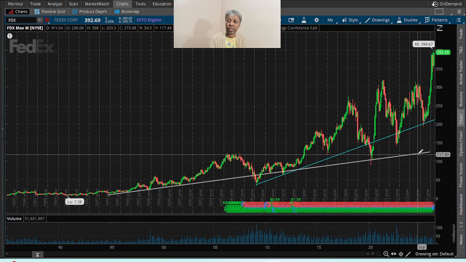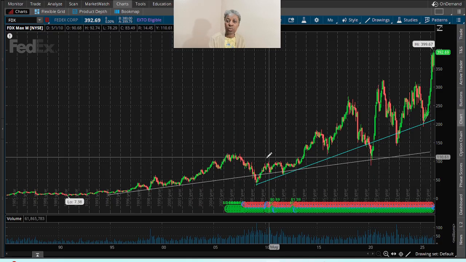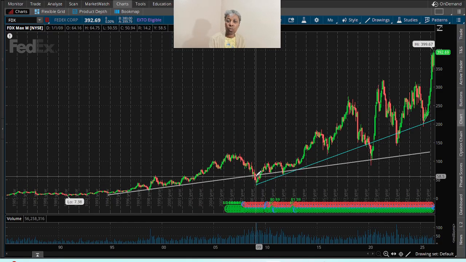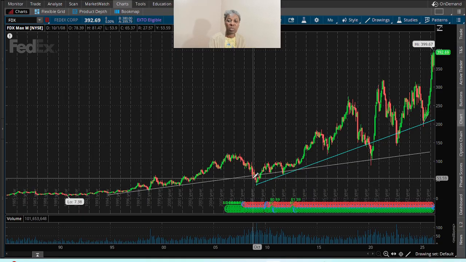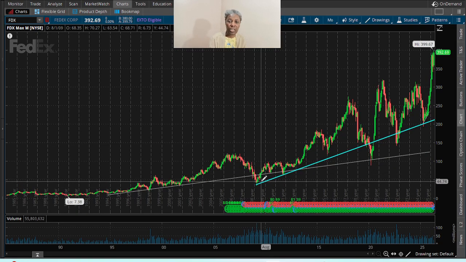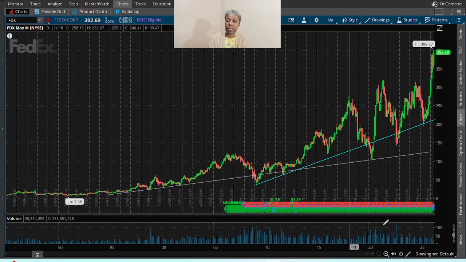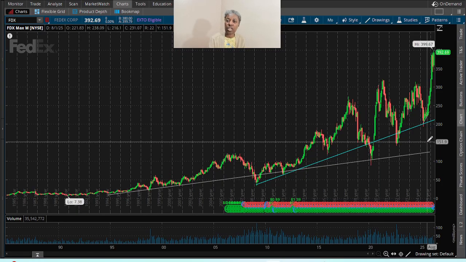And then I trace this one that touched the bottom of 2020, but then went a little bit into this one, which is maybe 2009. Yeah, 2009 or so. So it seems like during economic crisis, we have more dip than other years.